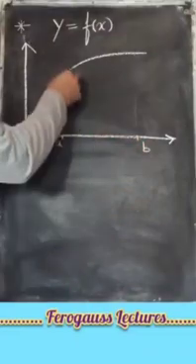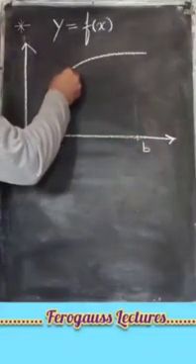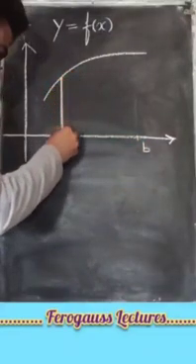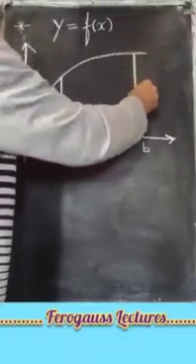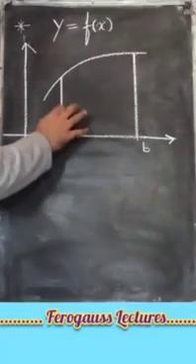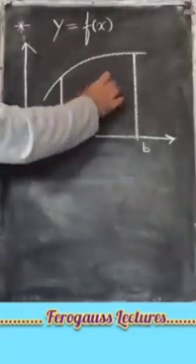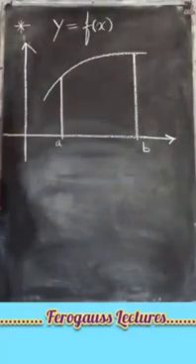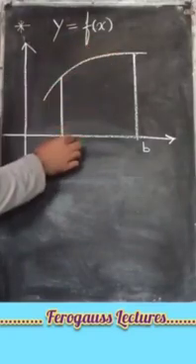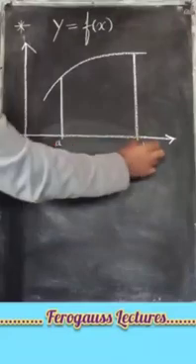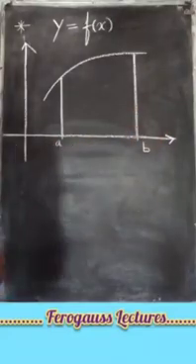That is, we have to find the area of this bounded region, that is the area under curve y is equal to f(x) and between two given points a and b.